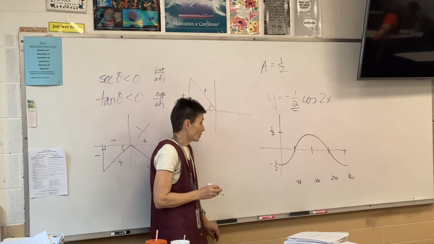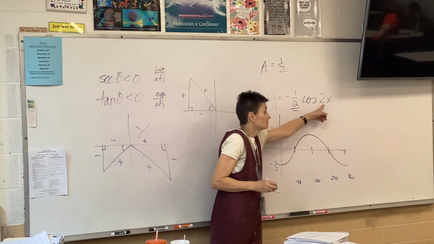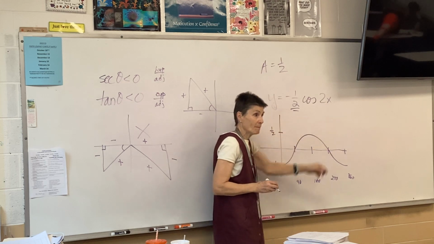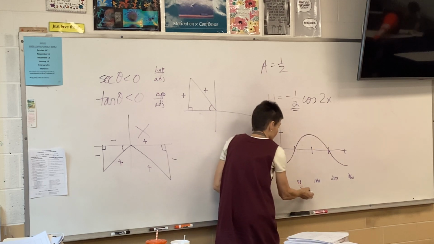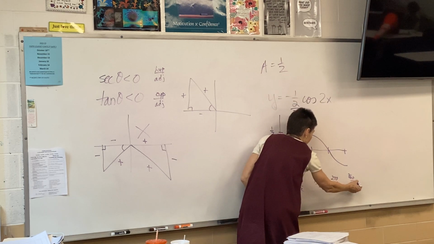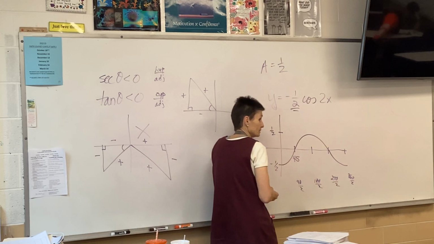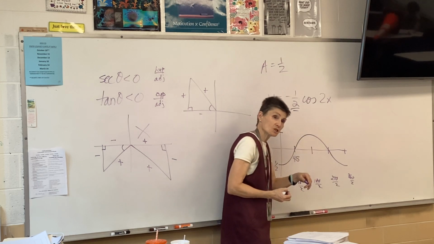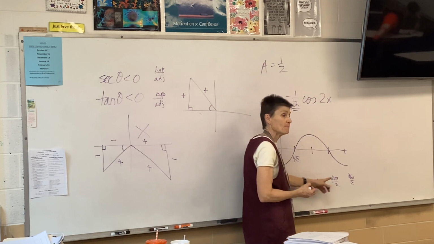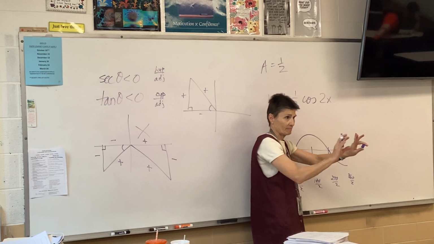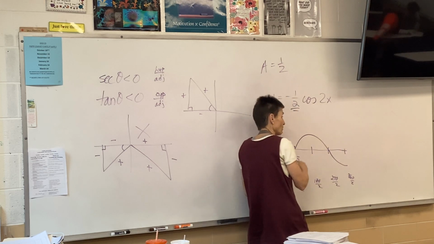But we have divided them by 2. So the first one's at 45. Now, we talked about this just a minute ago. You can keep dividing, it's easy, keep dividing. Or you can say, okay, they're 45 apart.